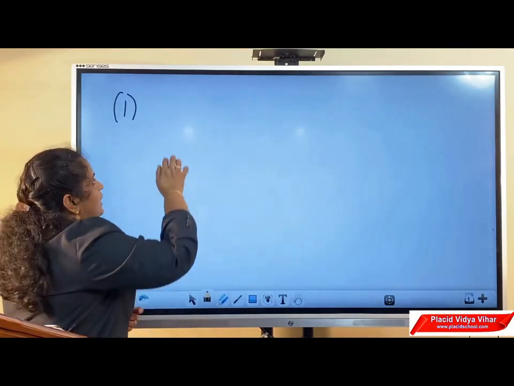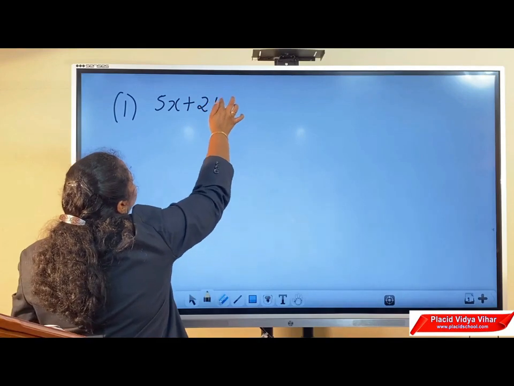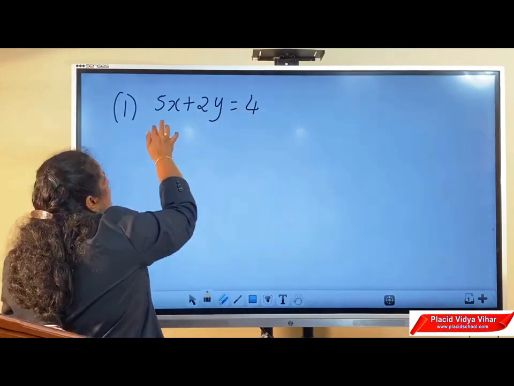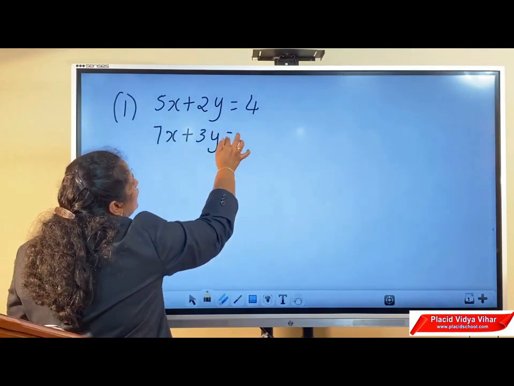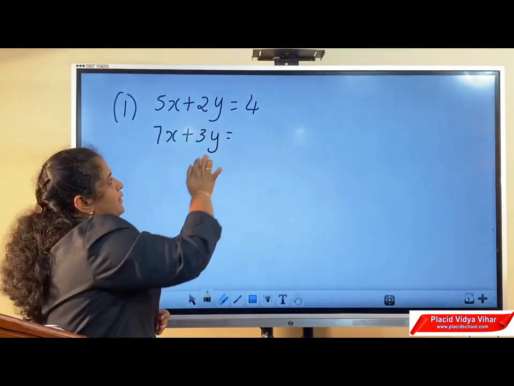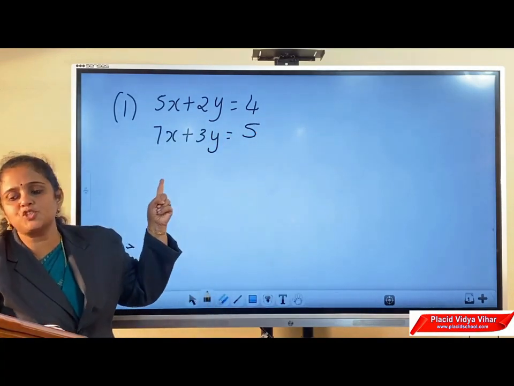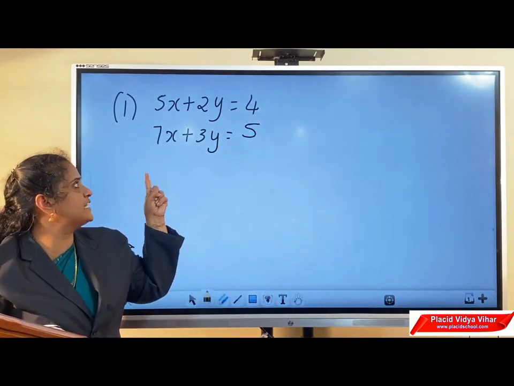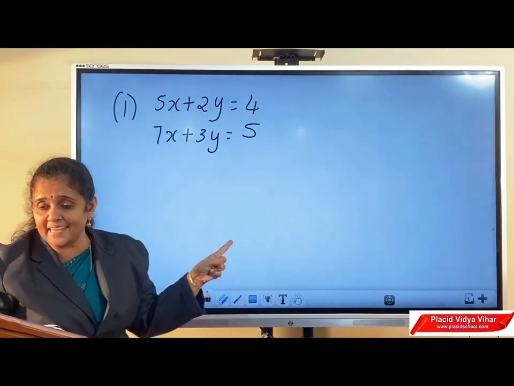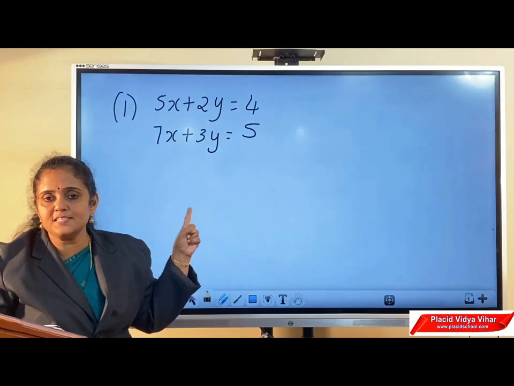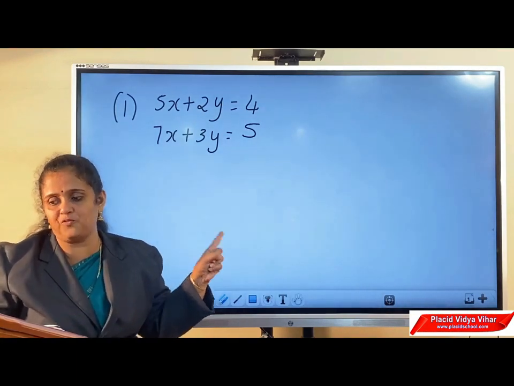The equations are 5x plus 2y is equal to 4, and 7x plus 3y is equal to 5. Solve the equation means we can find the values of x and y.